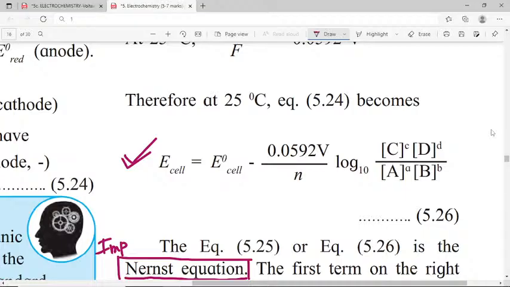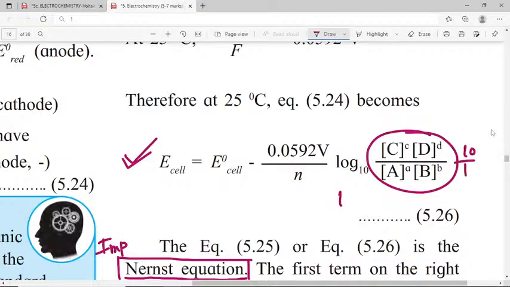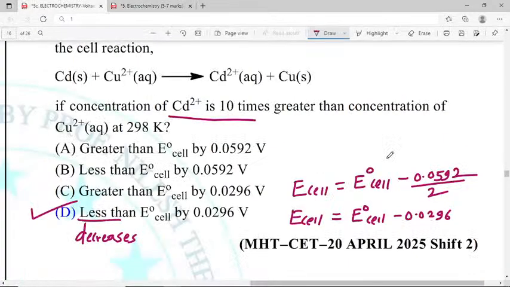So 1, and then multiply by 0.0592 divided by 2. This is the formula actually. So the value is 10 by 1, log 10 to the base 10 is 1, and 1 multiplied by 0.0592 divided by 2 becomes 0.0296. So this is minus, that is, it decreases or is less than.